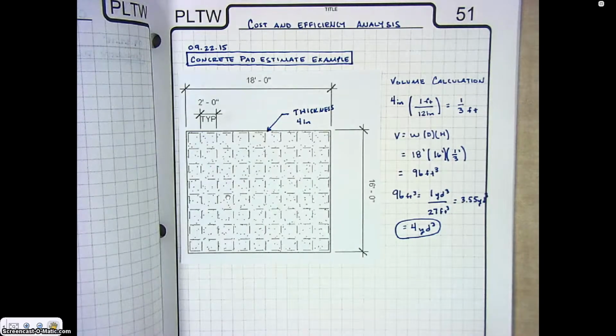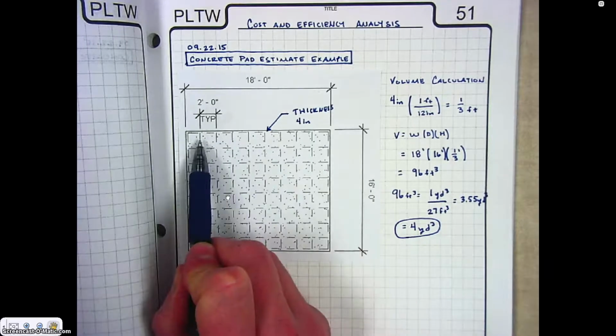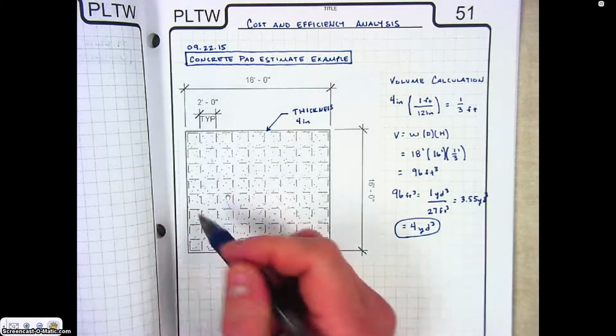The way that we combat that problem with concrete, because concrete will shift and move, is we include reinforcing bars. A lot of times we use what's called rebar for that. A couple of rules you need to know about rebar. In concrete, we're going to try to put that rebar at every 2 feet.